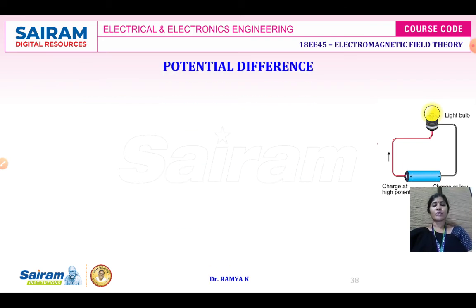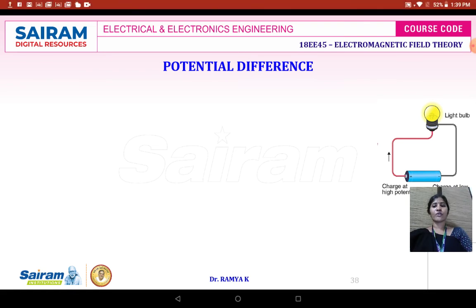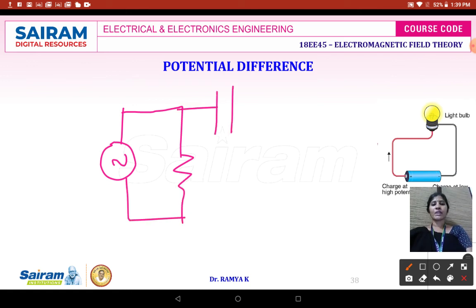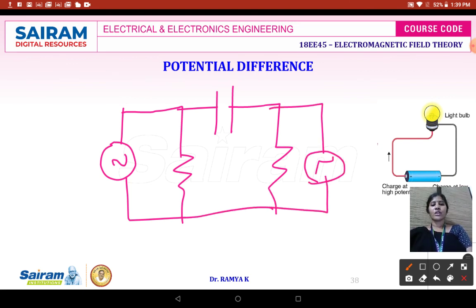Potential difference: the current will always start to flow from higher potential to lower potential. For example, consider one electric source. Here I am connecting one resistance, in between this one capacitor, and here I will be connecting another source. This is your potential VA, and here it is going to be your potential VB.